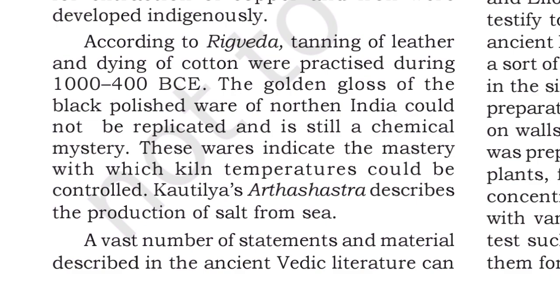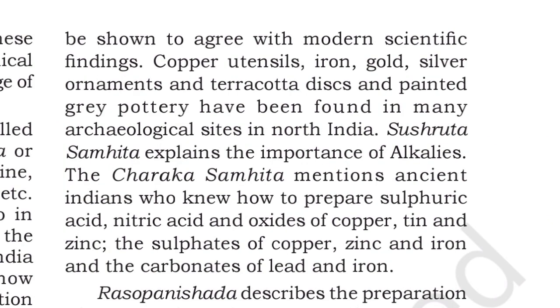A vast number of statements and material described in ancient Vedic literature can be shown to agree with modern scientific findings. Copper utensils, iron, gold, silver ornaments, and terracotta discs and painted grey pottery have been found in many archaeological sites in North India. Sushruta Samhita explains the importance of alkalis.